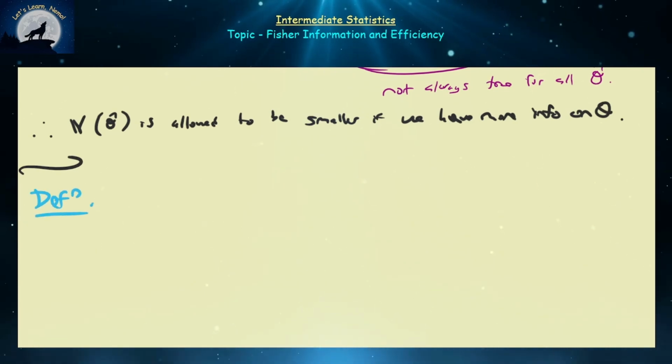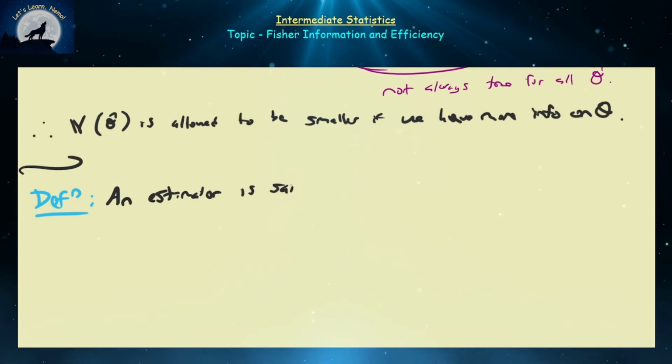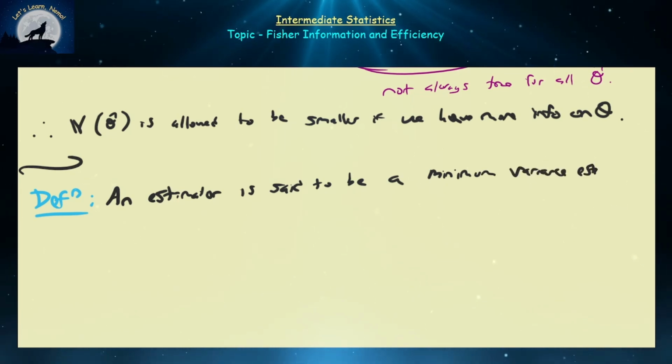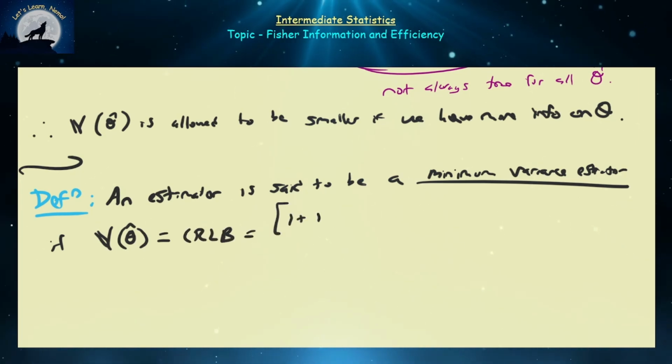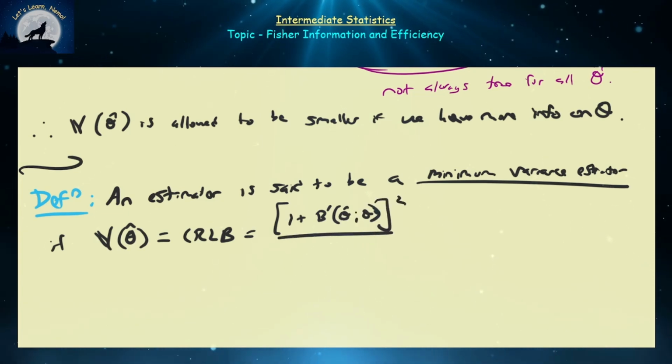But let's create a new definition. So an estimator is said to be a minimum variance estimator if the variance of that estimator is equal to the Cramér-Rao lower bound, i.e. (1 plus b prime of theta hat for theta) squared, all over I_n(theta).